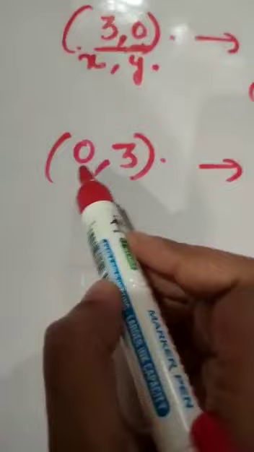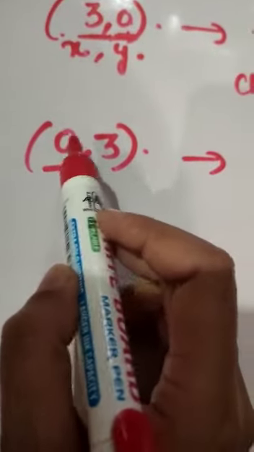Similarly, suppose you are given 0 and 3 and you have to reflect it in the y-axis. Y-axis means change in x. So we have to change 0, and 0 will remain 0 only.